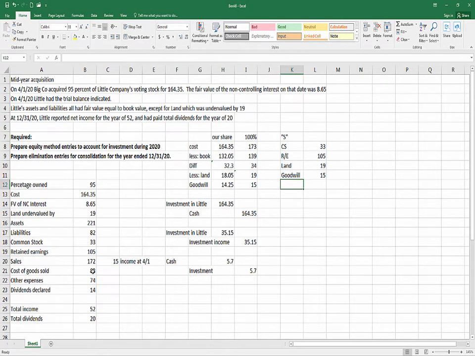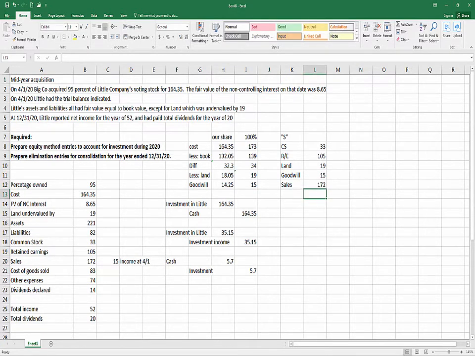Now we also need to eliminate the date of acquisition revenues and expenses, and dividends declared. So basically, we're going to eliminate those four balances that existed on April 1st when we bought this investment. So sales of 172, sales is a credit account, so to eliminate that we're going to debit it for 172.